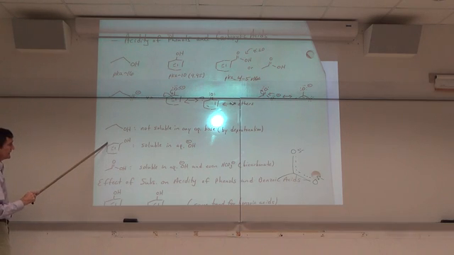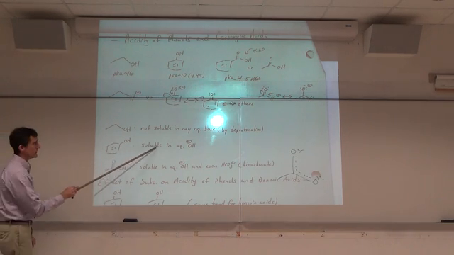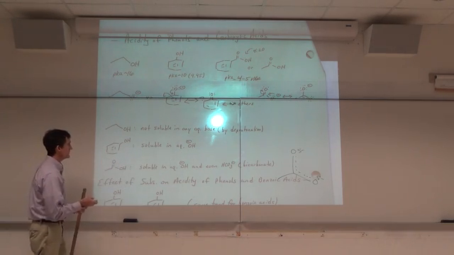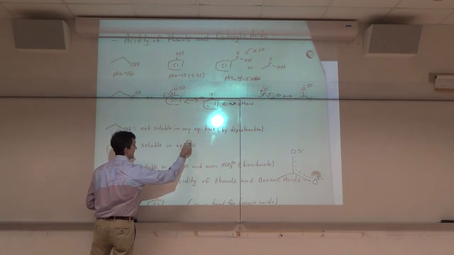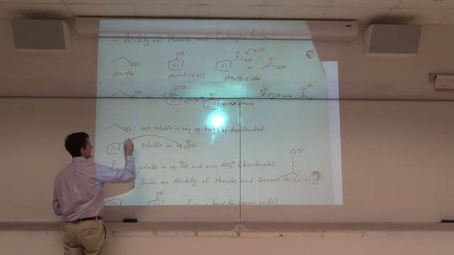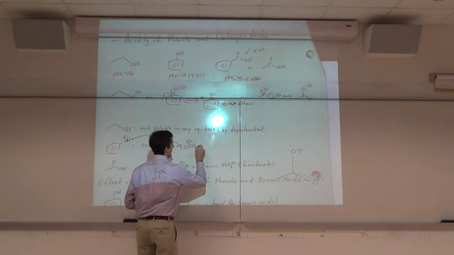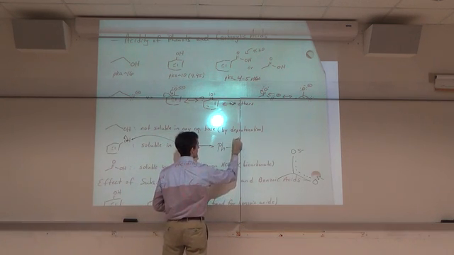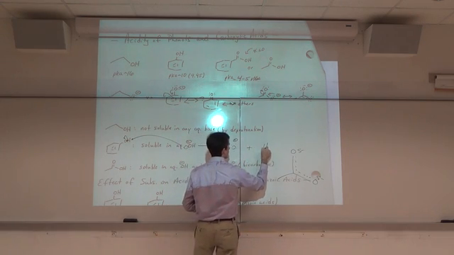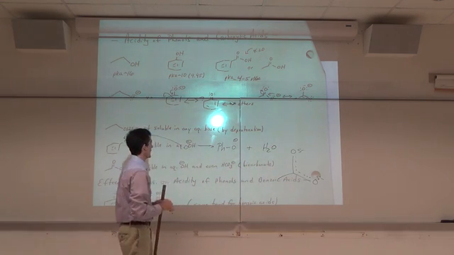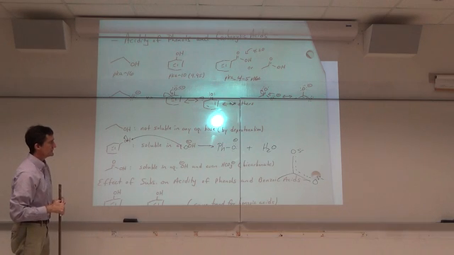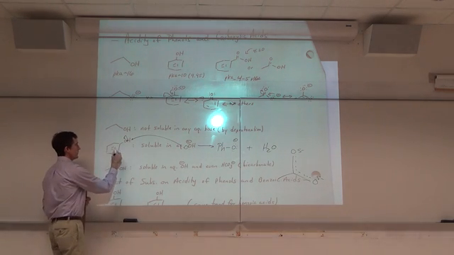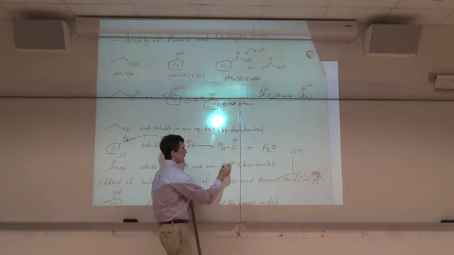Phenol, on the other hand, and substituted phenols, etc., are soluble in sodium hydroxide because the hydroxide takes the H, leaves the electrons behind, and we get the phenoxide. I'll just draw O minus plus water. How do we judge this equilibrium? pKa of phenol 10, pKa of water 16.